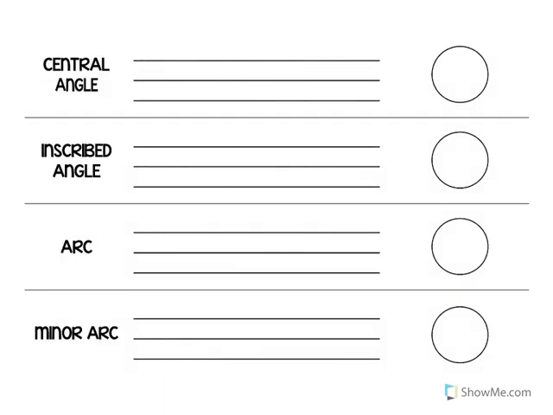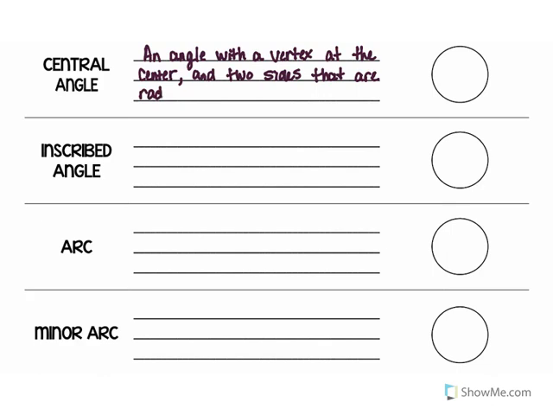Okay, now a central angle is an angle with a vertex at the center and 2 sides that are radii, which is just the plural for radius.